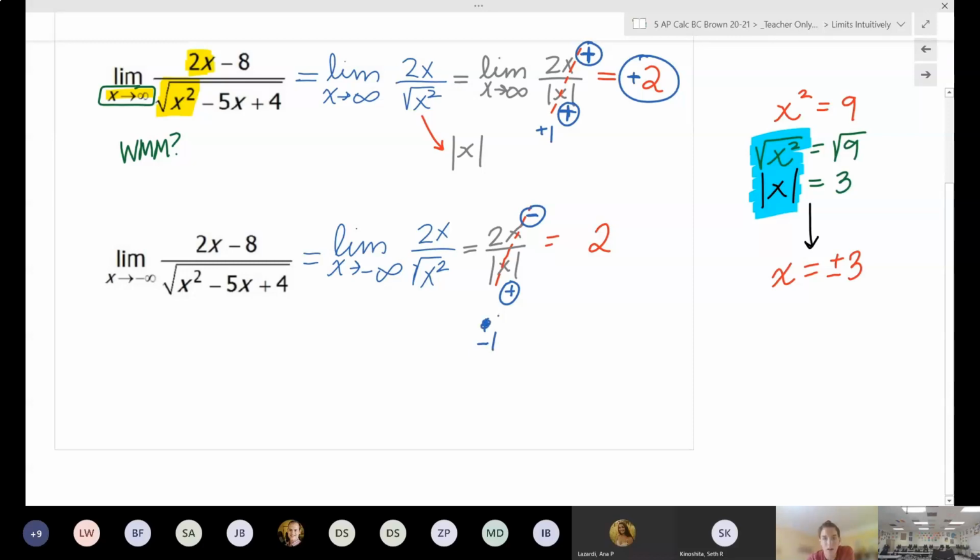So we still have the 2, but the answer for this one is going to be negative 2. So we still had to consider what those x values were. And again, we'll only be doing this really when we're going towards a positive or negative infinity. So we see that from one direction it is at positive 2, from the other direction it is approaching negative 2.